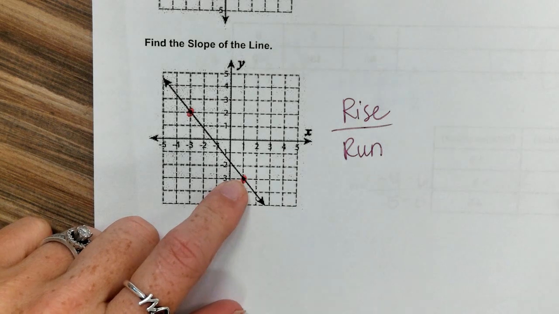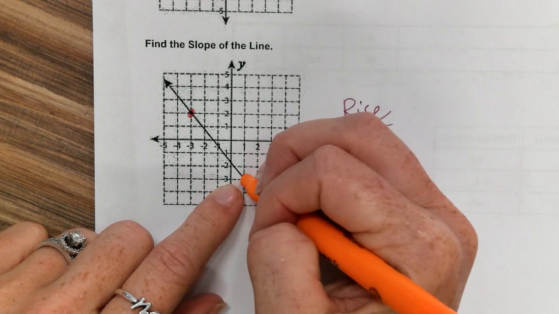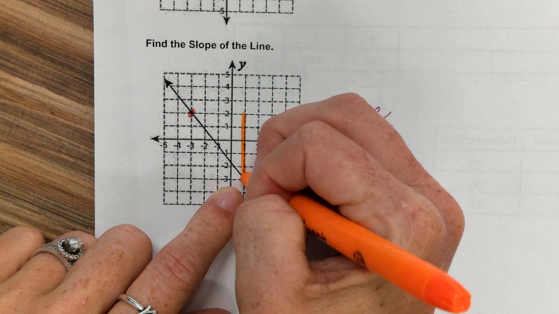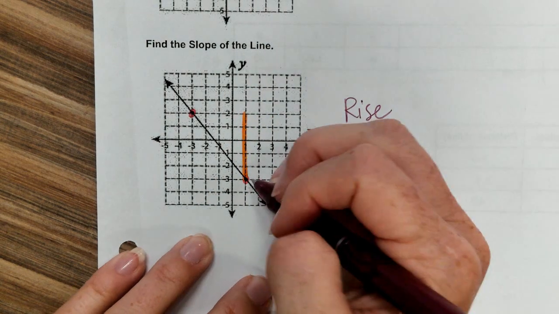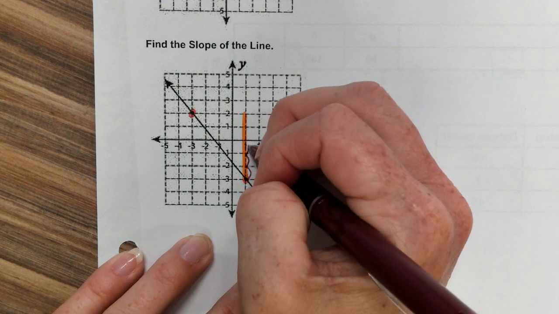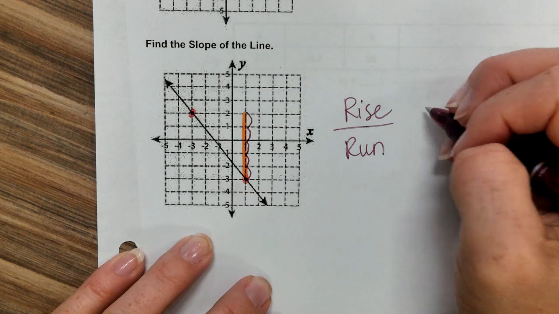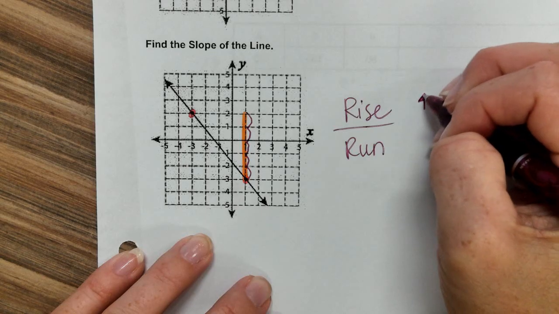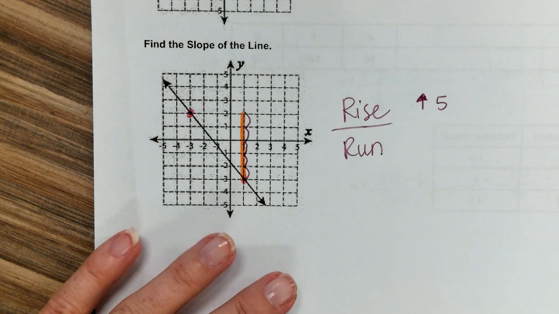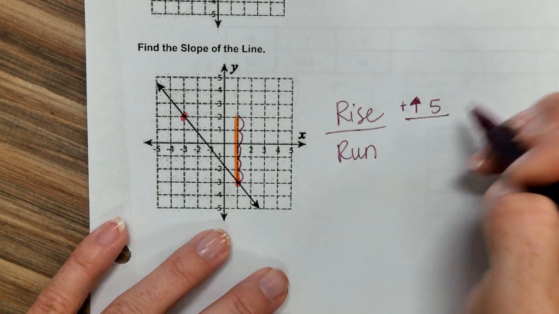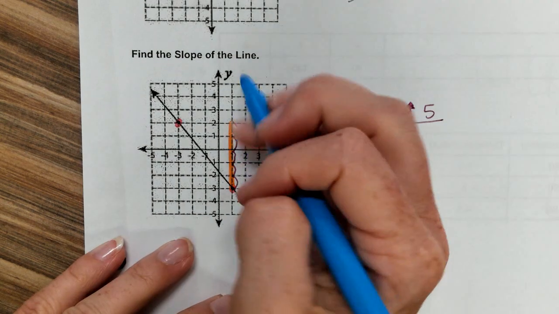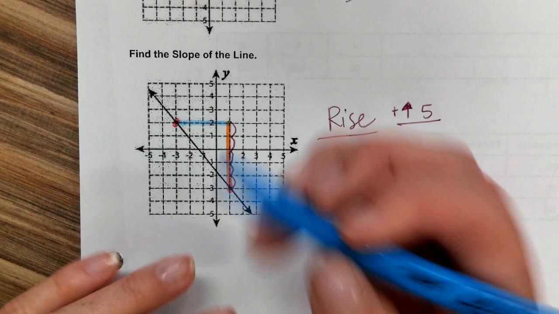I am going to rise from the bottom up and count. 1, 2, 3, 4, 5. I went up 5. So up is positive. Yes?